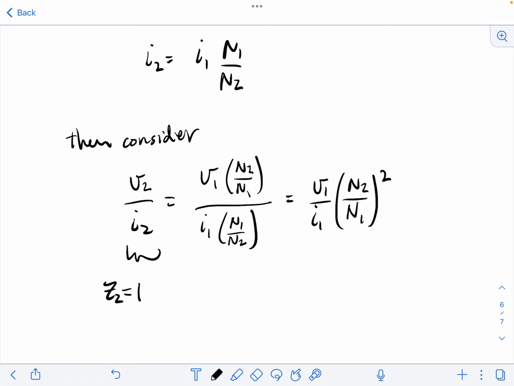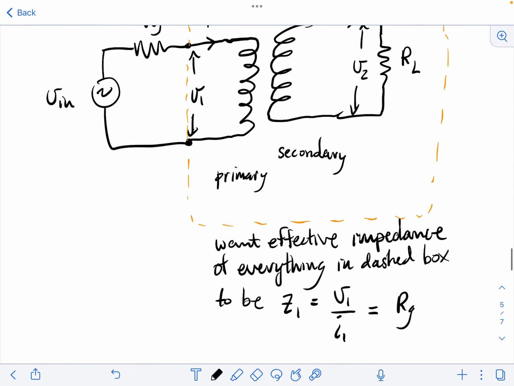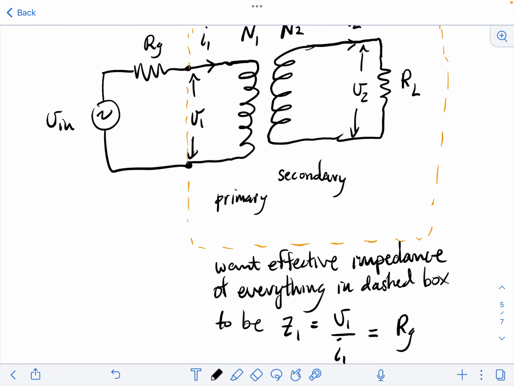And then we said that the V1 over I1 at these terminals was the impedance that we wanted to calculate, Z1, and we want to ultimately set that to be equal to RG.